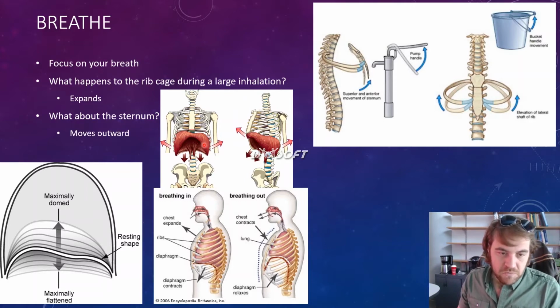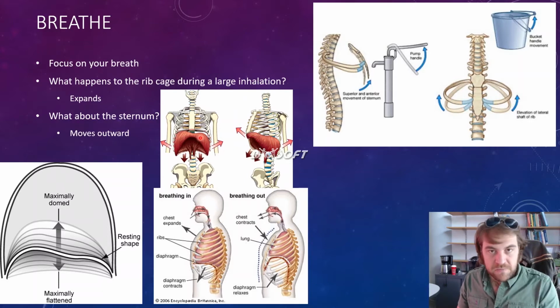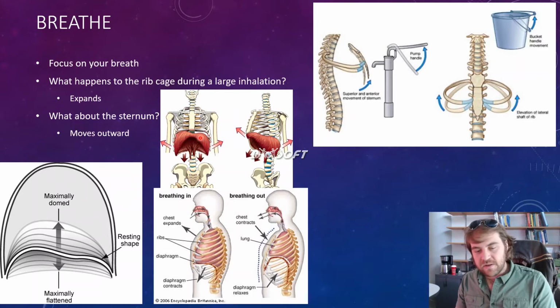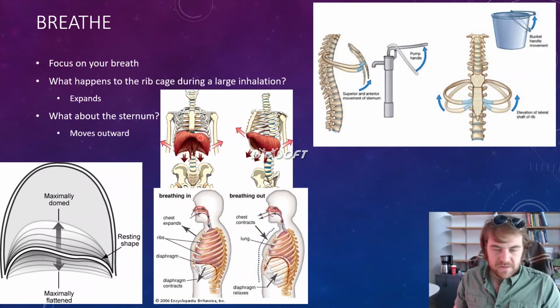What it does is kind of hard to understand for some people, and like I said, we'll talk about it more when we talk about muscles. But what's going to happen with the diaphragm? It's a muscle, and it is not connected to the lungs, but it helps the lungs work. So the diaphragm is going to contract.